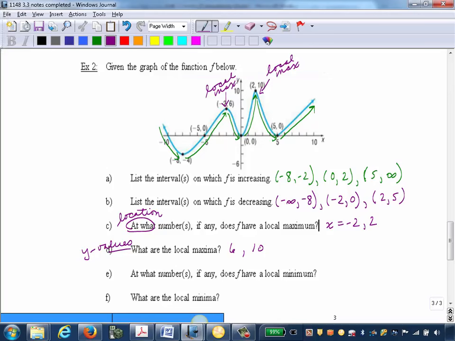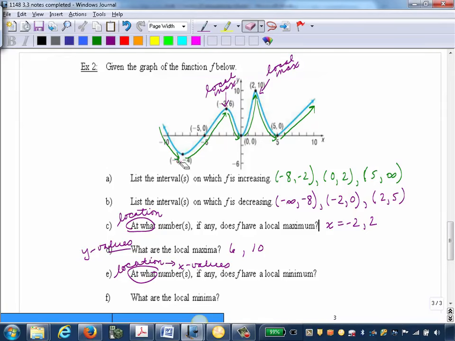Part E. At what number or numbers, if any, does f have a local minimum? We know that local minima are dips in the graph. So if we look at our graph here, we can see that we've got a dip in the graph here, here, and here. So again, we've got this at this location, so we know that's going to be x values that they're asking for.